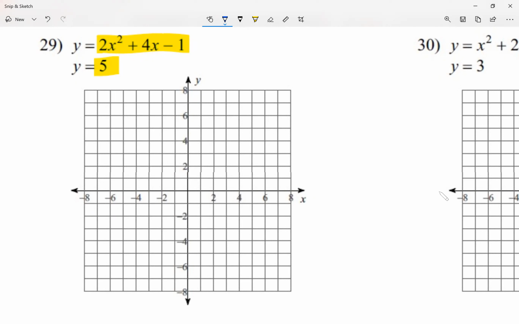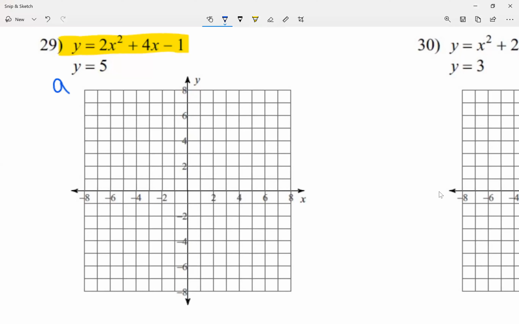We learned a few ways to graph: by vertex form, intercept form, and from standard form. I'm going to graph the first equation using standard form. Now I need to find the x value of the vertex.